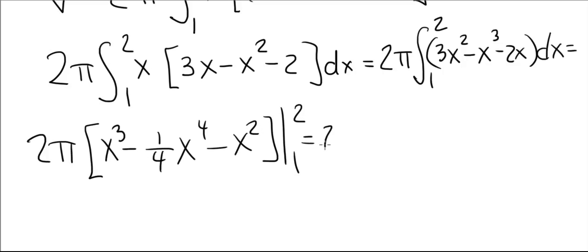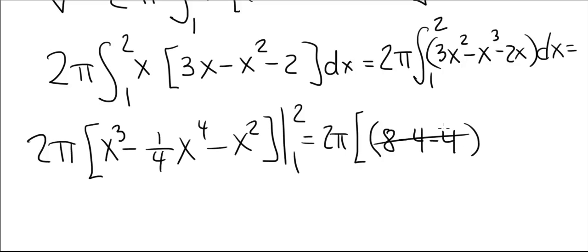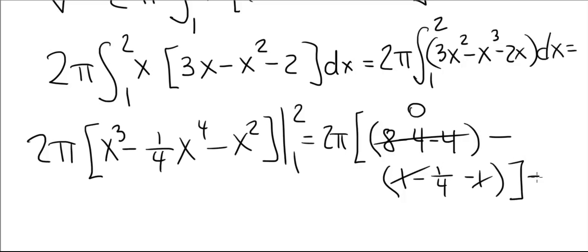So let's plug in 2 first. We get 8 minus 4 minus 4, that's 0, minus, we plug in 1 now, we get 1 minus 1/4 minus 1. You can see these ones cancel, and we end up with 2 pi times 1/4, which is also pi over 2. So the answer is the same if you use the shell method or the washer method.